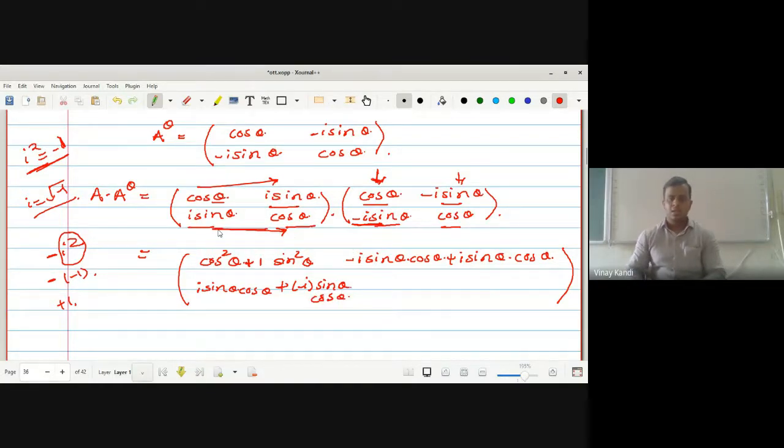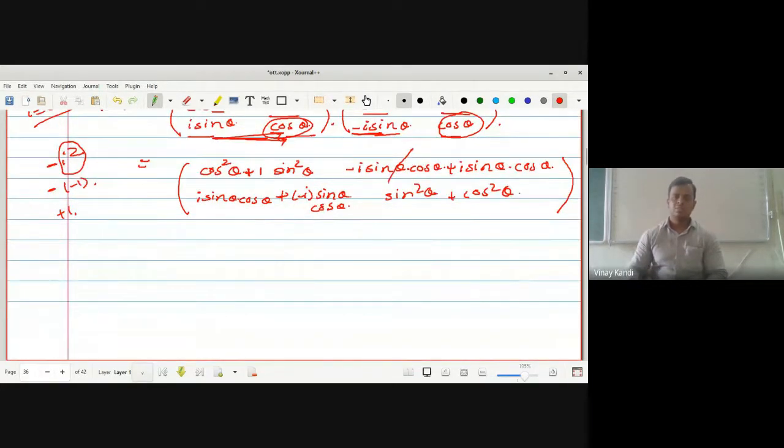And second row with second column now. I into minus I. This one is minus I, this one is I. So this is minus I square, but I square is -1, so minus minus gets 1, plus sin square theta. So this one is sin square theta, and cos theta into cos theta is plus cos square theta.